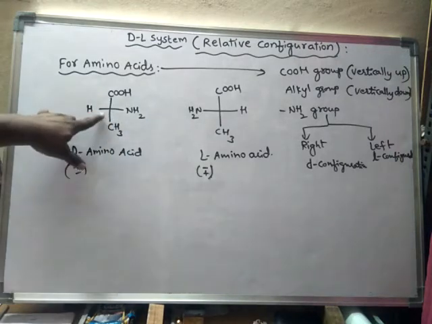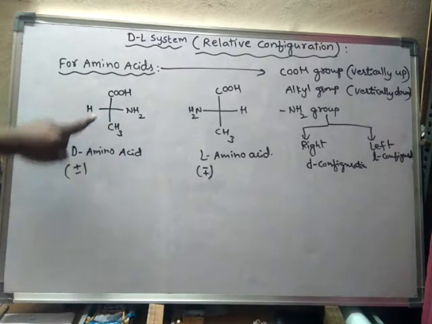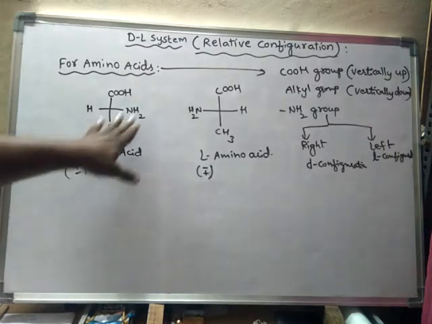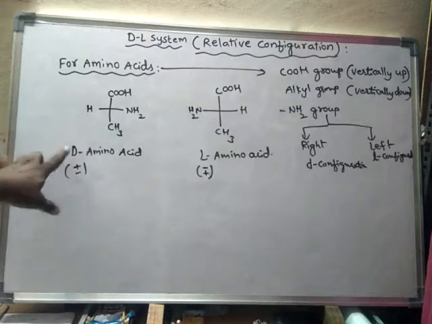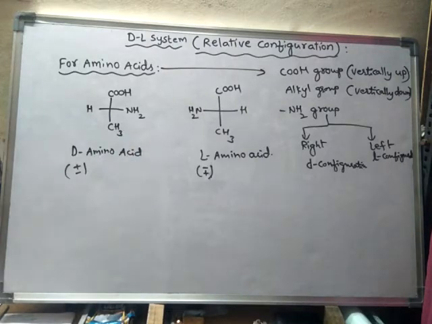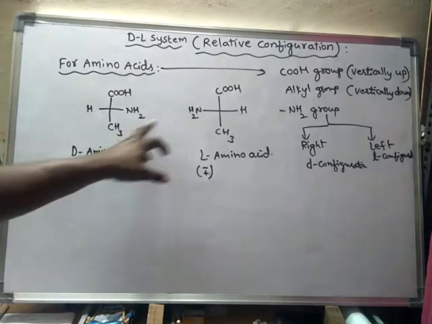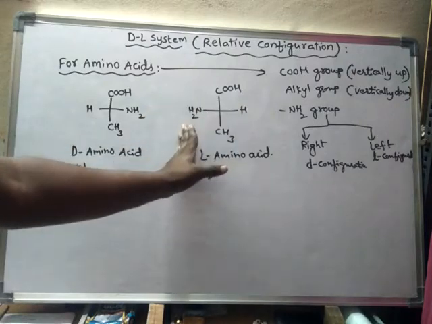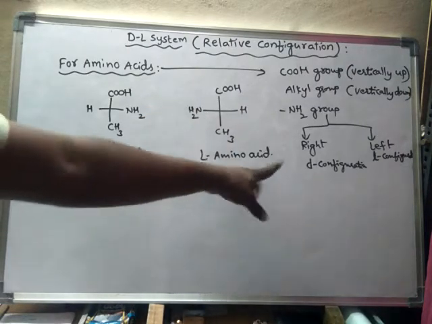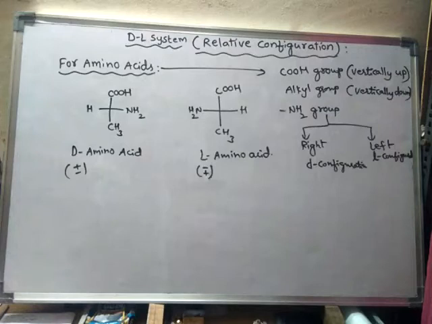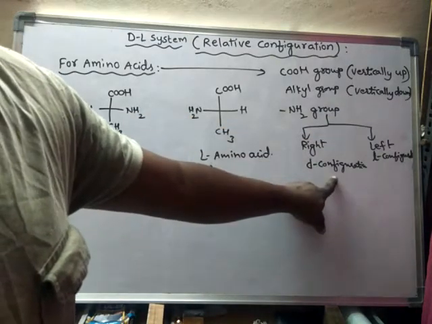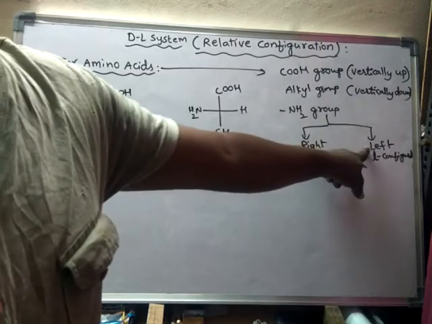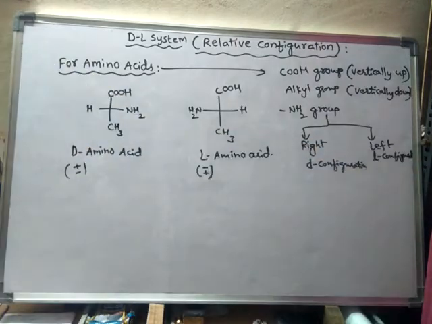It is an amino acid having its own name, so I am not mentioning the name, simply I am mentioning it as an amino acid. It is a D amino acid. Here the NH2 group is present towards the left side. Hence it is said to be an L amino acid. If the NH2 group is present on the right side, it is D configuration, and if it is towards the left side, it is L configuration.